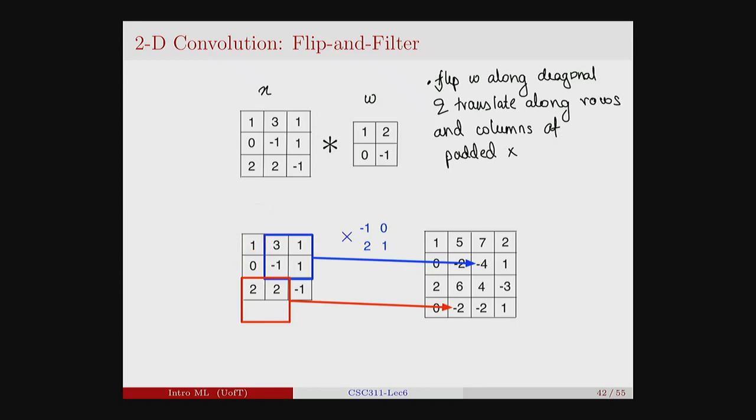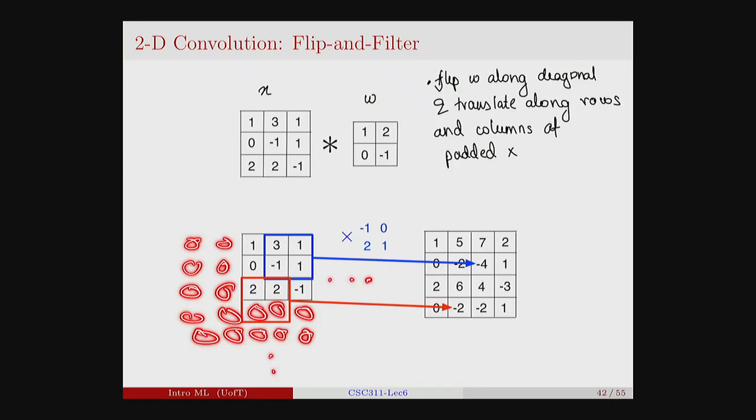In this particular case, it ends up being 1 times 1, which is equal to 1, and everything else is a 0. So you assume that X is zero padded along both its height and width in both directions, and you're scanning this matrix from left to right and from top to bottom.